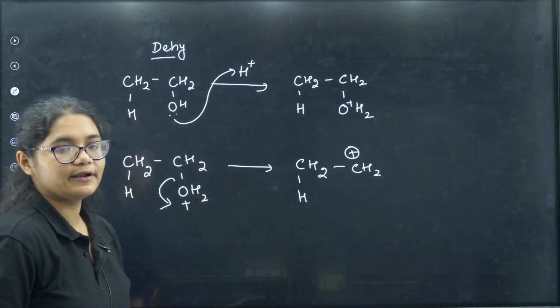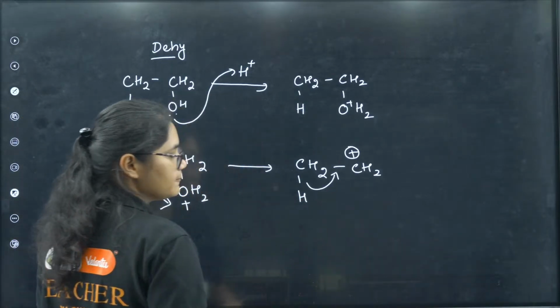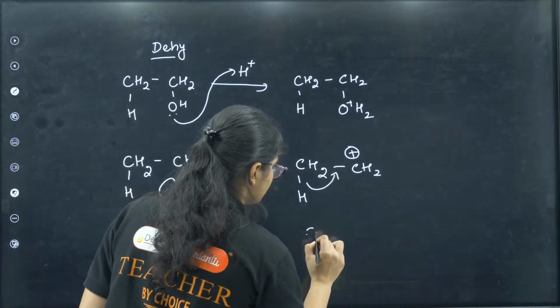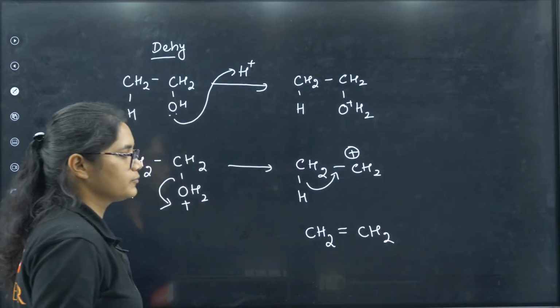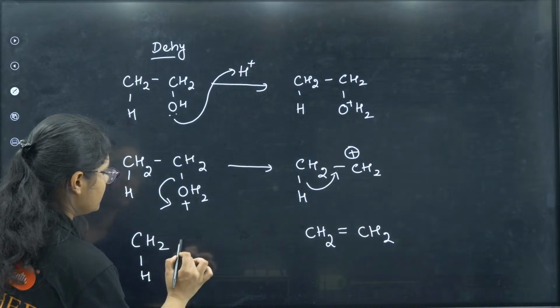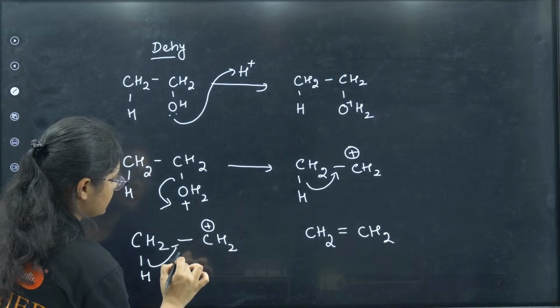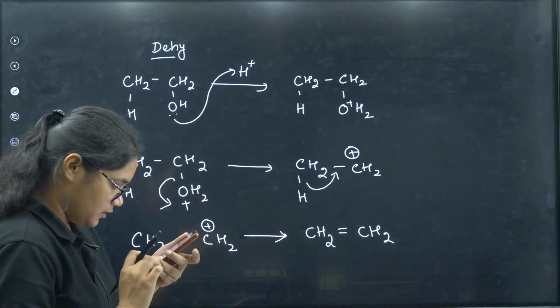After this, a double bond formation takes place and we get an alkene, that is CH2=CH2. That is the deprotonation step, and you get an alkene. Okay, clear?